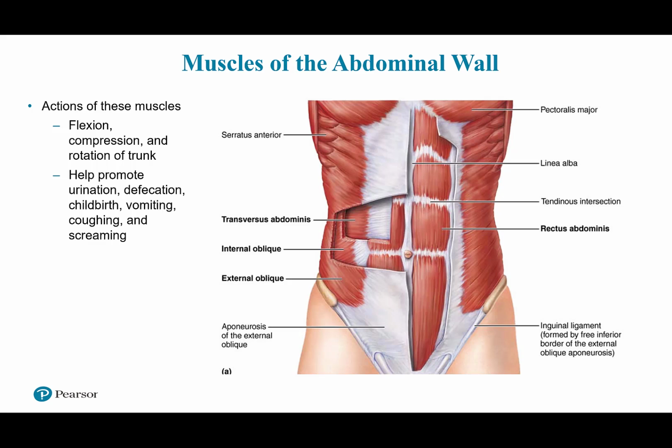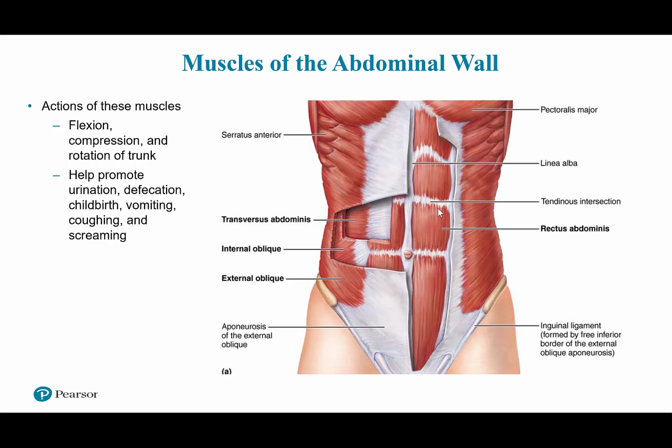Moving down to the muscles of your trunk, specifically the muscles of your abdominal wall. With the abdominal wall, you have a very popular muscle here called the rectus abdominis. Rectus, from the Latin word, you learn that it means straight. So this is one straight muscle down, and it's on the abdominal region, so it's the rectus abdominis.